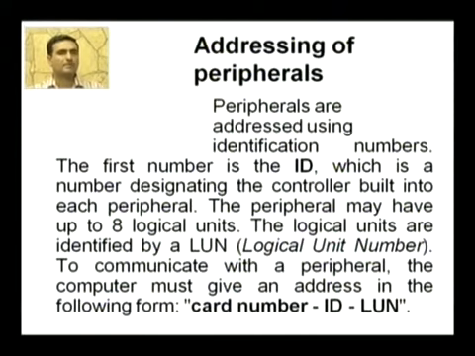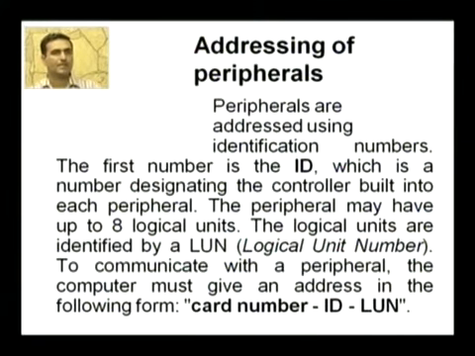So to communicate with a peripheral, the computer must give an address in the following form: card number, ID and LUN. Now what is the card number? A computer may have more than one SCSI controller. The first one is the number of that card or SCSI controller.